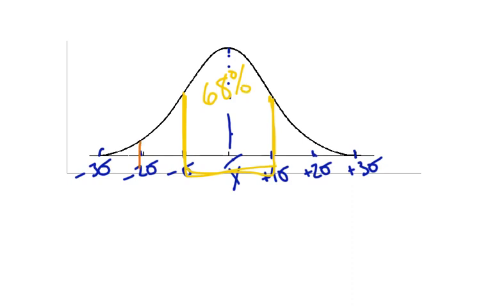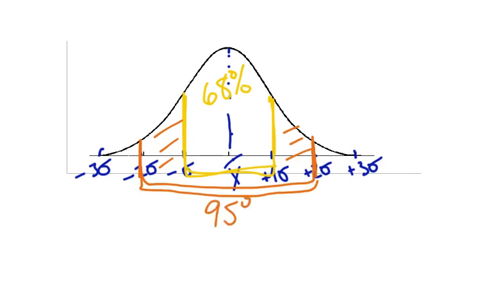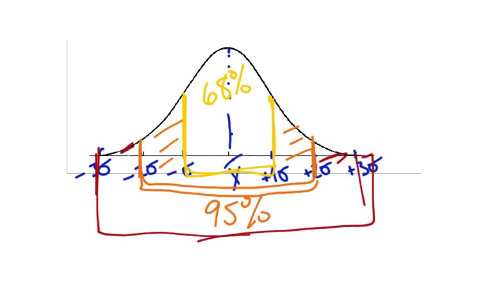If we go out 2 standard deviations away, so including that 68% plus this stuff on the sides, that's going to give us 95% of the data. And if we go out 3 standard deviations, so that 95 plus the stuff on the end over here, that's going to give us 99.7% of the data.